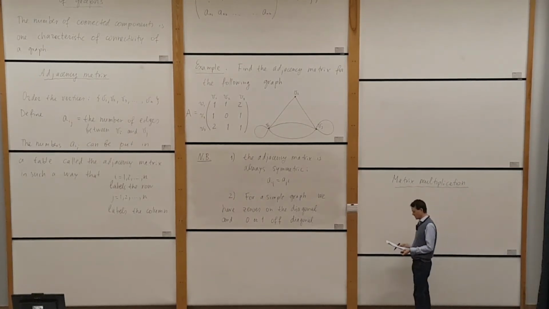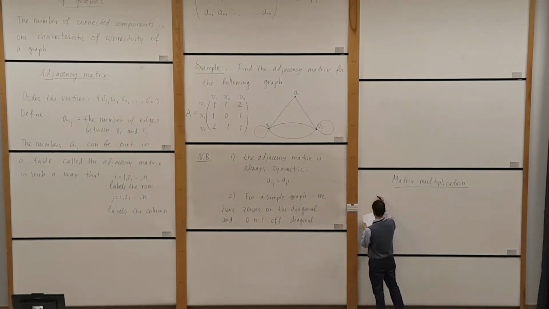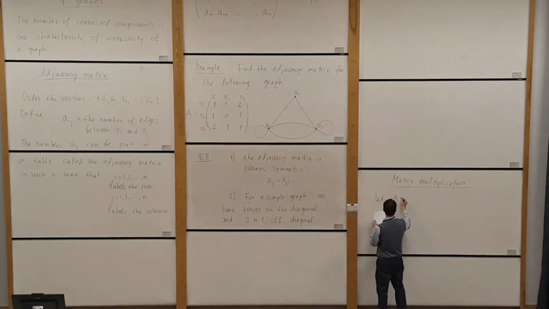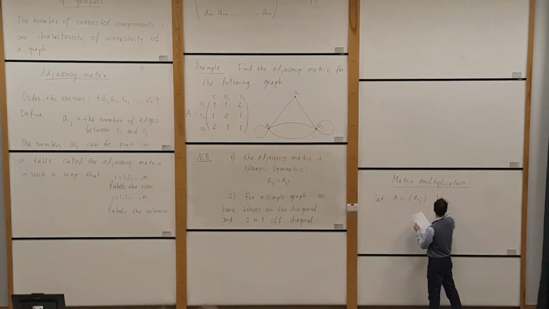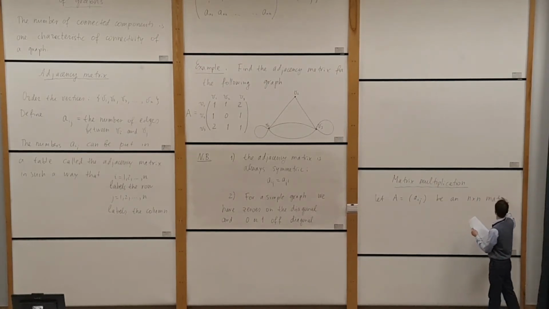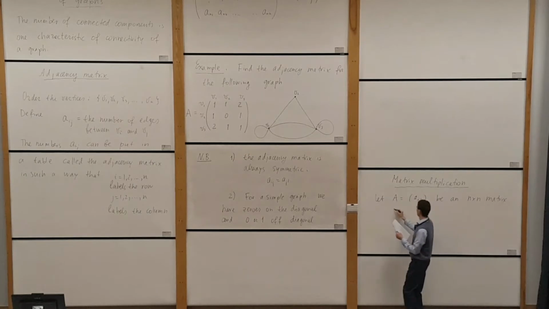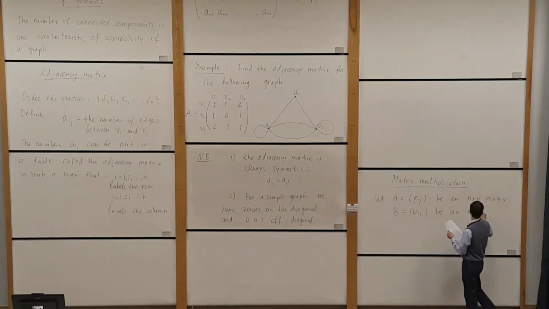So we will be only multiplying square matrices of the same size. So let A with entries Aij be an n by n matrix, and let B with the entries Bij be another n by n matrix.